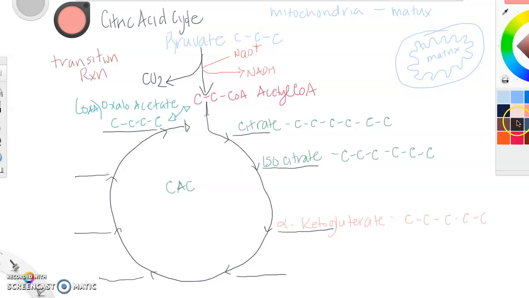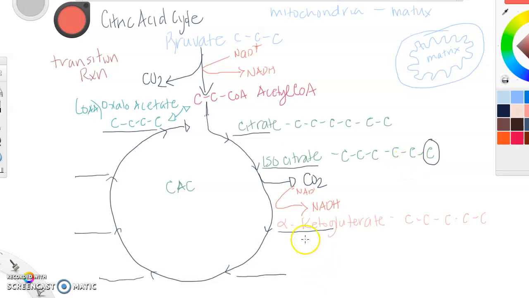In this reaction from isocitrate to alpha ketoglutarate, we're going to have a decarboxylation. So we're going to lose a carbon dioxide. So we're going to lose this carbon. And in this reaction, we're also going to get an NADH. NAD to NADH.